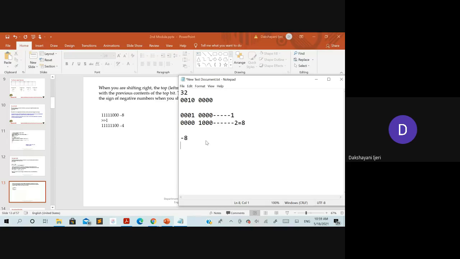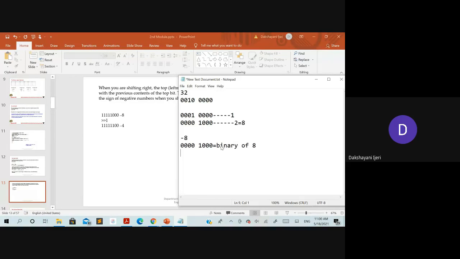I hope you know how to do the 2's complement, right? Those who don't know, put a little concentration over here. First you arrange the binary representation of the 8, which is this one, right? So this is the binary representation of 8, isn't it?